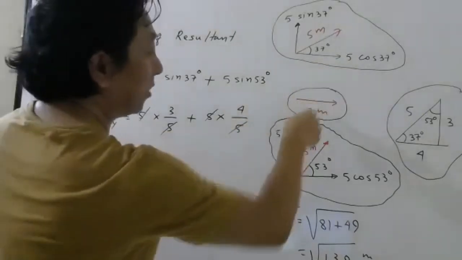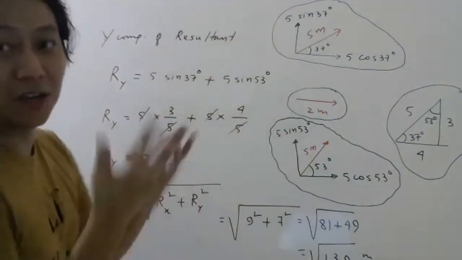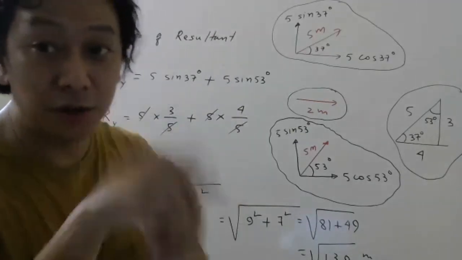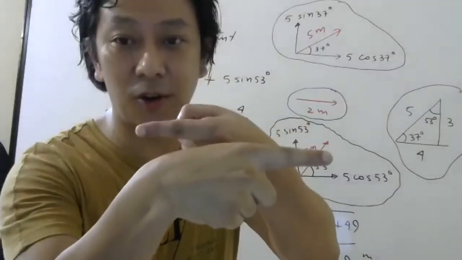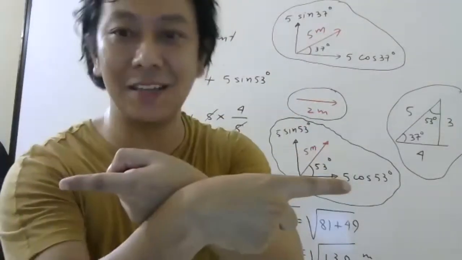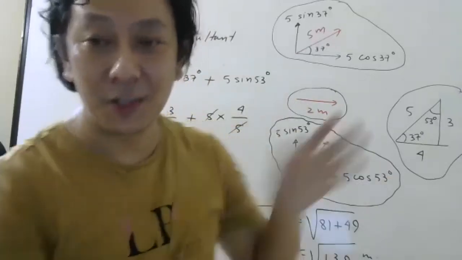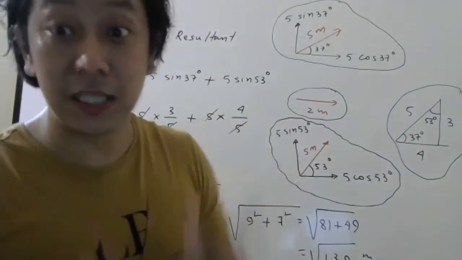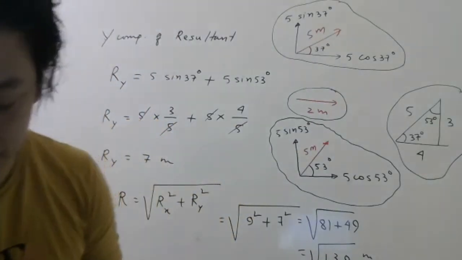All the x components are this side, all the y components are this side, so none of them will be cancelled. In order to get 0, some component should be here and an equal component should be here. Then they will cancel. If this is 5 Newton, this also should be 5 Newton. So here it was not about the resultant being 0. Here it was to find the resultant.